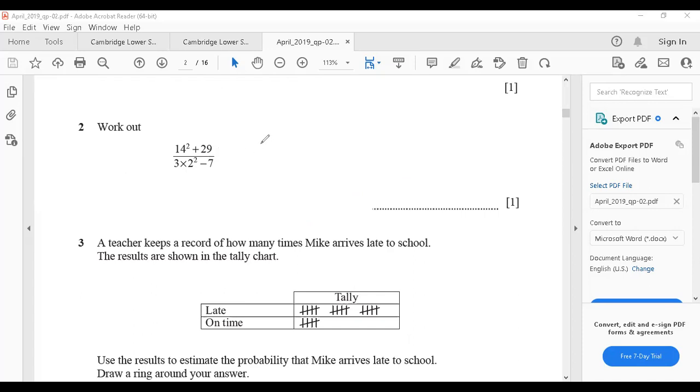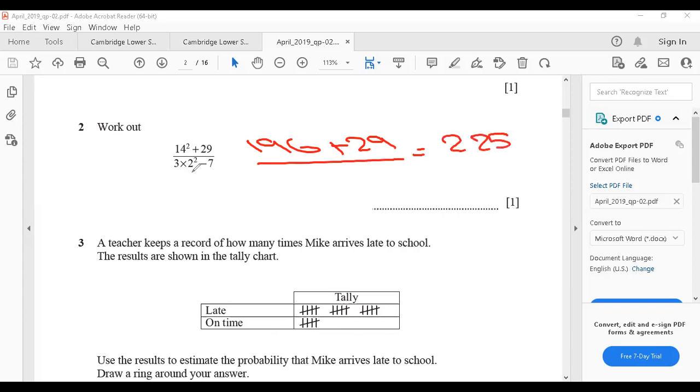Indices. Very good. So it will be 14 power 2 equal 196, right? This is all plus 29. Right? Now I have to add them together. It will be equal 225.